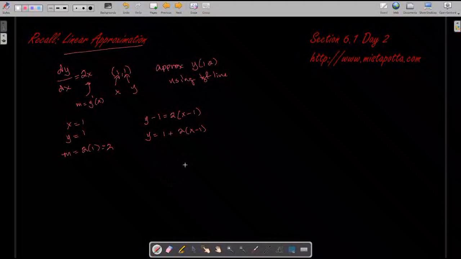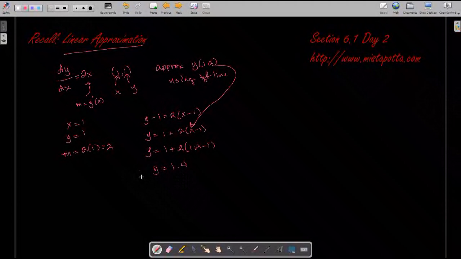So I can find approximately what y of 1.2 is by substituting 1.2 into this linear function. I get y equals 1 plus 2 times 1.2 minus 1, or y equals 1.4.